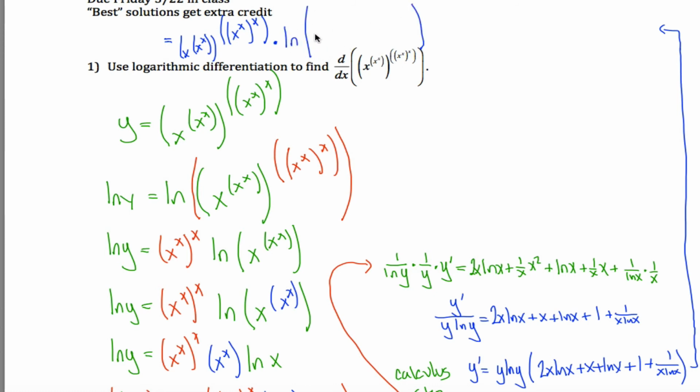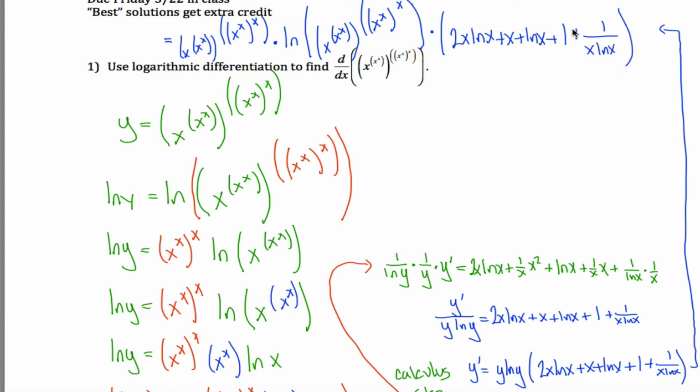Again, y is x raised up to the x to the x raised up to x to the x raised up to the x. And then that whole thing gets multiplied by 2x natural log of x plus natural log of x plus 1 plus 1 over x natural log of x.